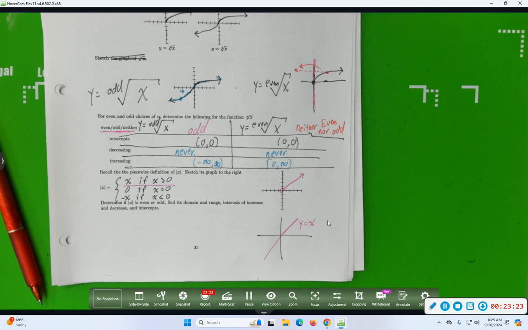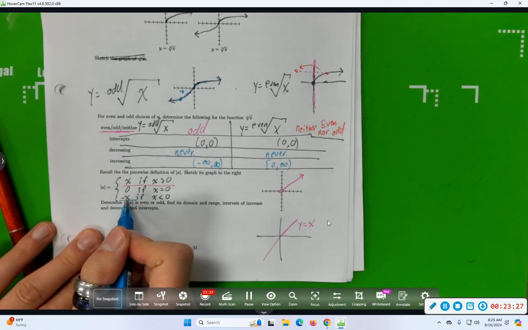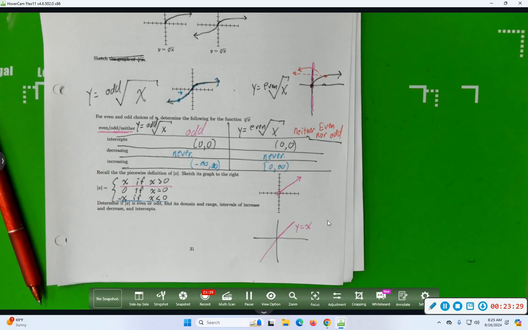Negative x. What does its graph look like? Also a straight line. Slope is negative 1.